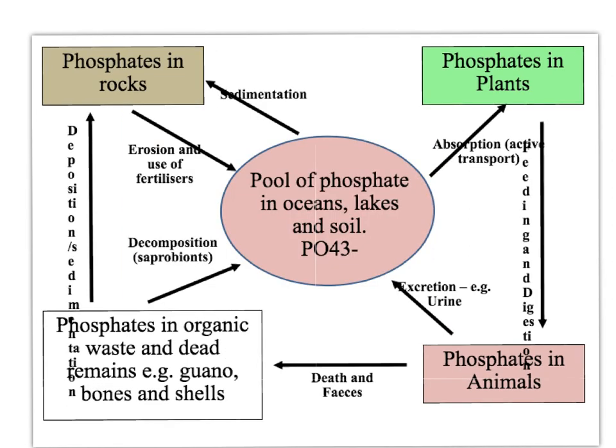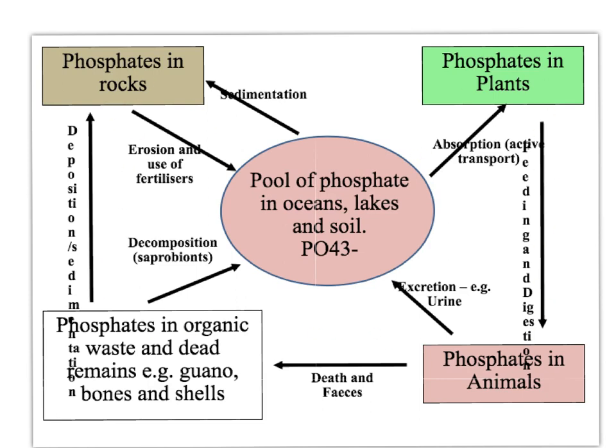This can occur naturally, or we can use the source of phosphates in rocks to make fertilizers. So the use of fertilizers can link these two here, adding more phosphates to the soil, for example. And this can go back again, you can have sedimentation going back. Then you have another circuit going through like this.